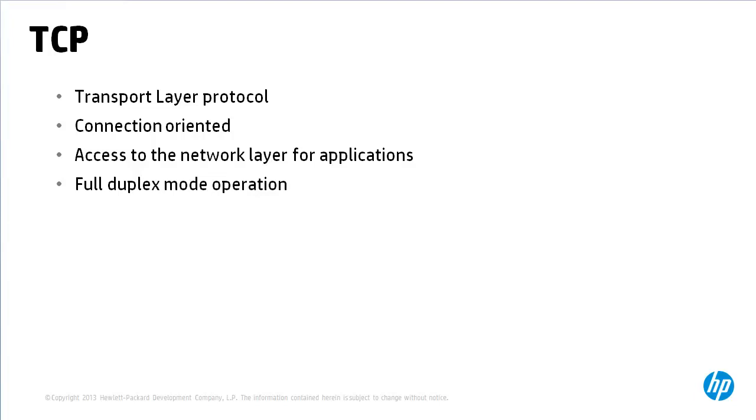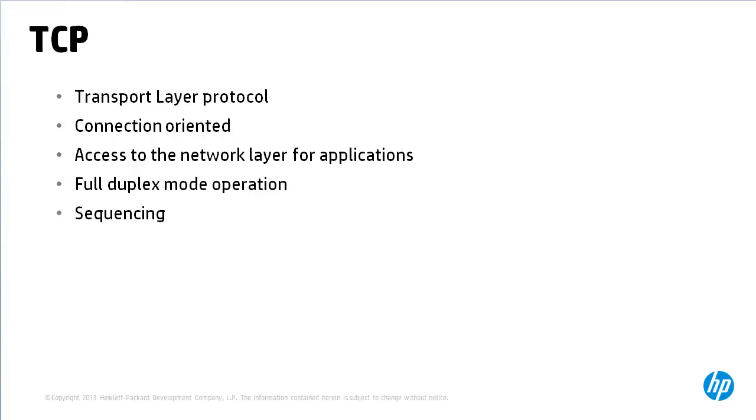This means, in other words, that a TCP connection is a pair of virtual circuits, one in each direction, which operate in full duplex mode. The transmitter can receive data at the same time it's transmitting, but both hosts can transmit and receive simultaneously. There's sequencing of packets to ensure data delivery.